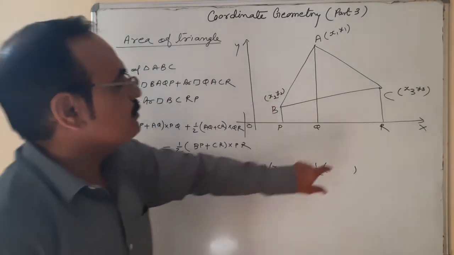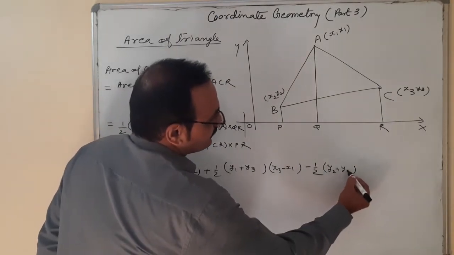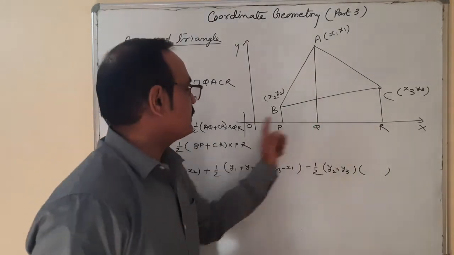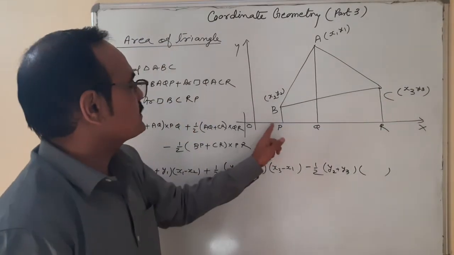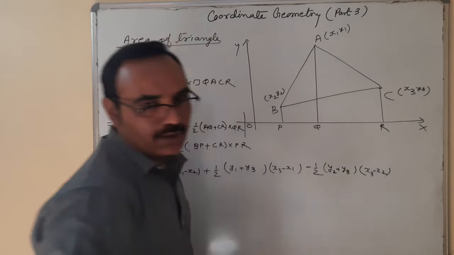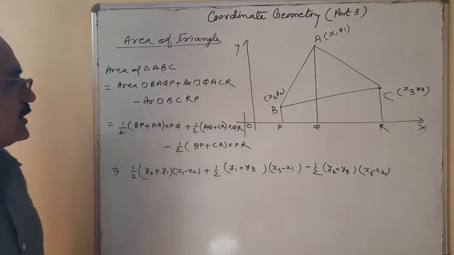BP is y2 plus CR y3, so y2 plus y3. And PR means OR minus OP, that is x3 minus x2. These are the values which I substituted in place of BP, CR, PR.